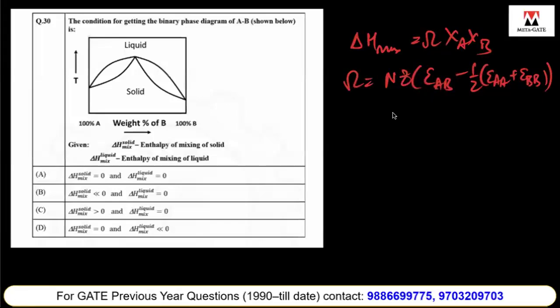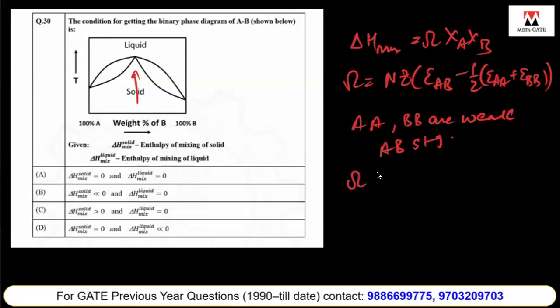For the given phase diagram, the solid phase is stable at higher temperature. So this solid phase is pushing the liquid phase, and it is trying to exist at higher temperature. This means AA bonds and BB bonds are weaker and AB bonds are stronger. So the energy of formation of AB is lesser, so omega is negative.